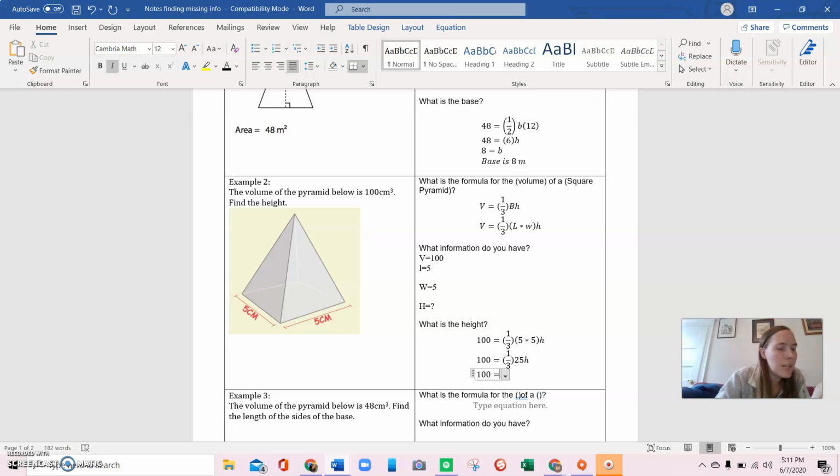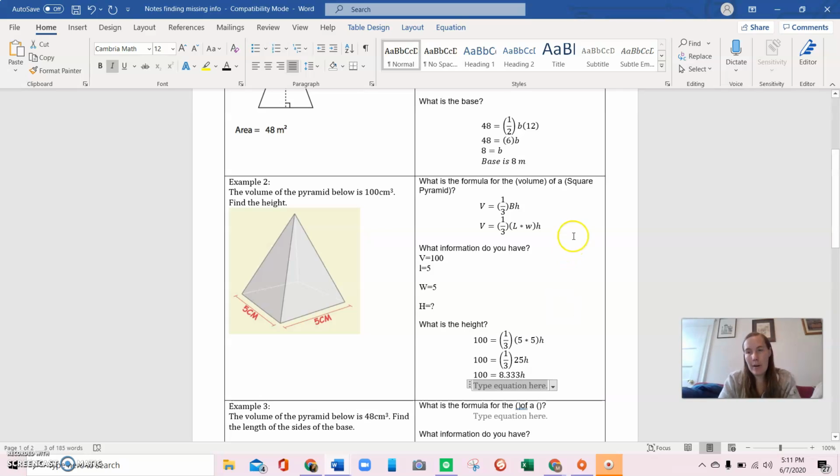So I have 100 equals 8.33333, whatever, times h. Now what do I do? I divide. So I do 100 divided by, I'm going to do 2 decimal places. I recommend anytime you're using a number that has a repeated decimal, do 2 decimal places at least, so it'll be the closest it can be.